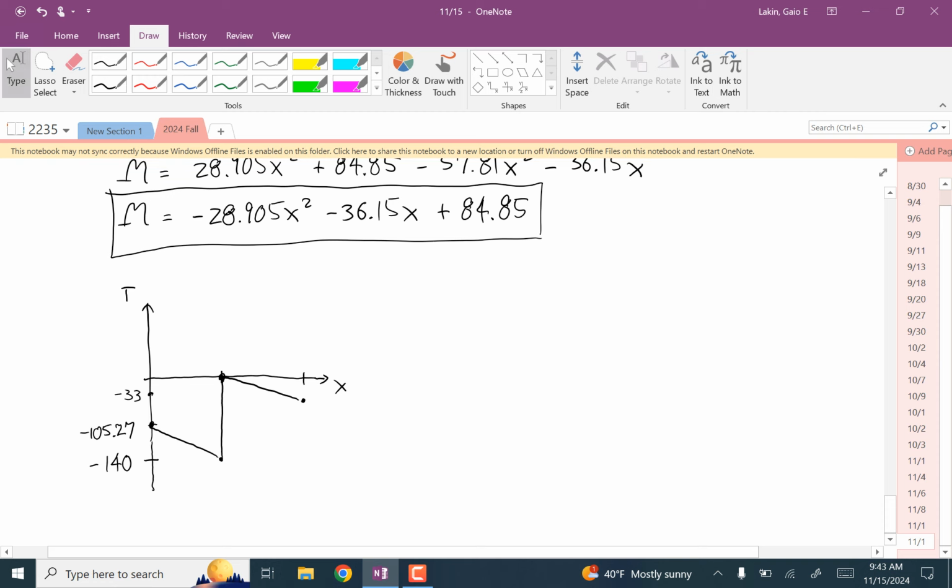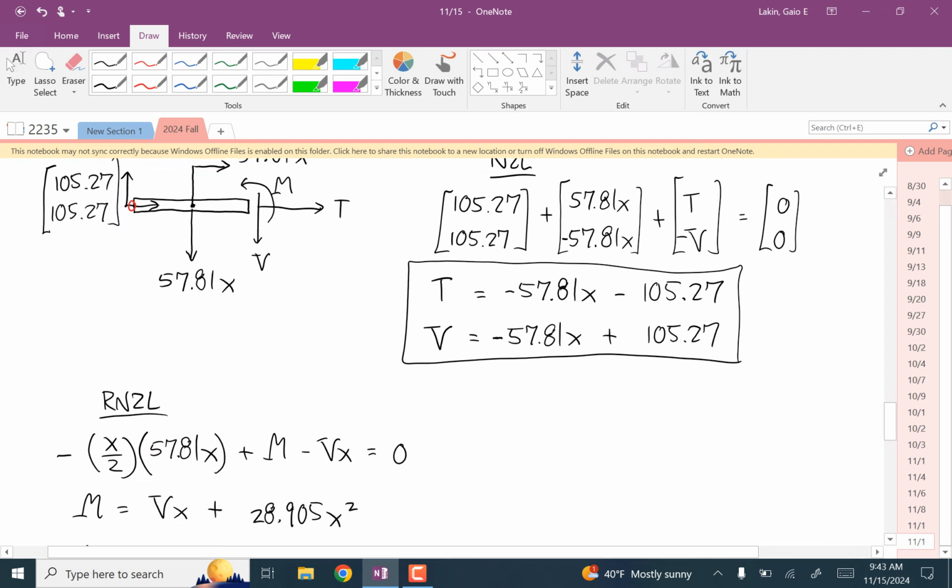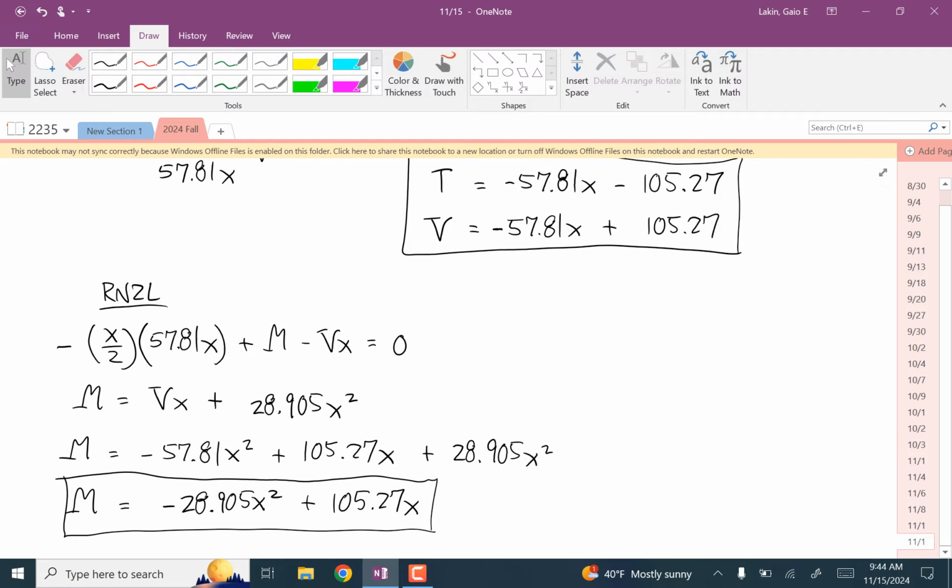Okay, so what about the shear force? Where you are, we change things at all points. Okay, so what's this? Oh, this is also a linear function. That's nice.